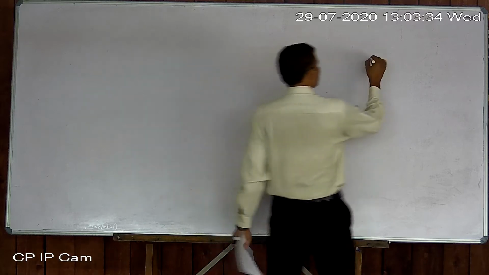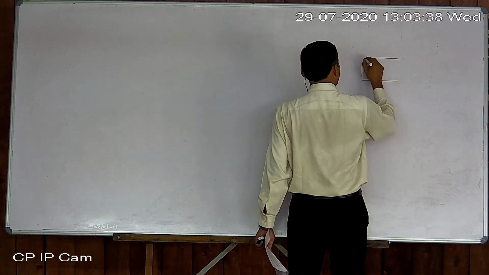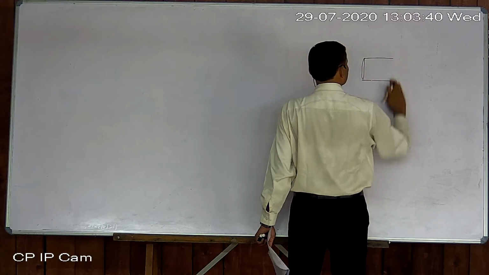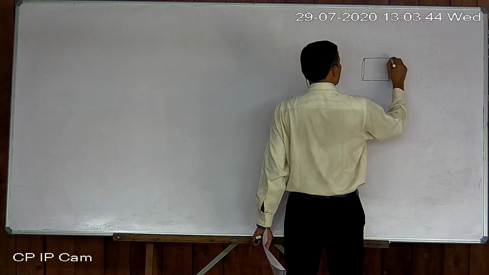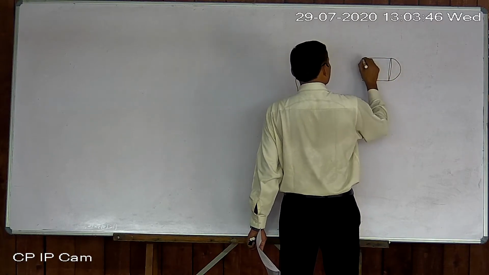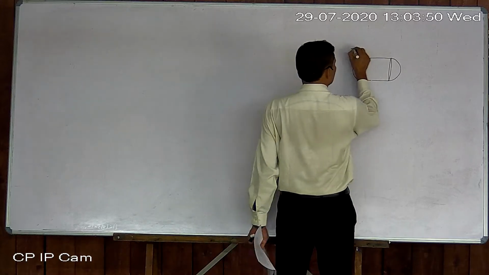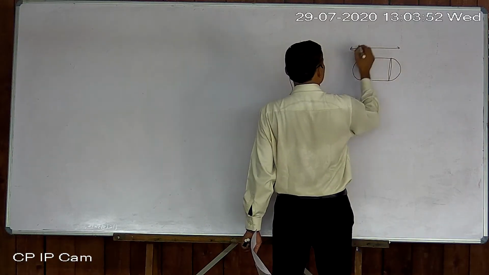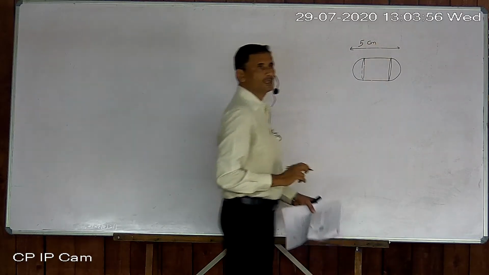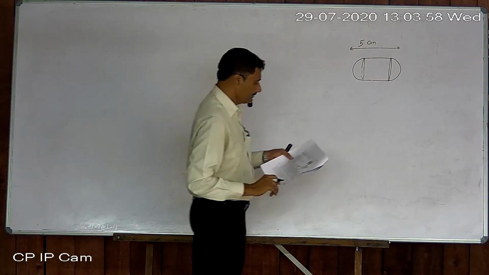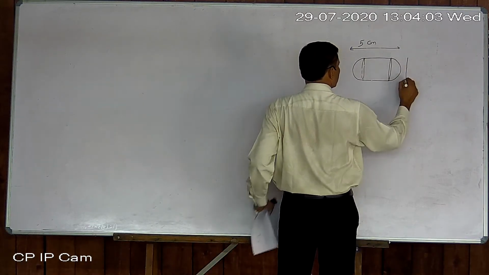So here I draw the figure of the gulab jamun. Both ends are hemispherical. The total length or total height, whatever you say, is 5 centimeters, and the diameter is 2.8 centimeters.